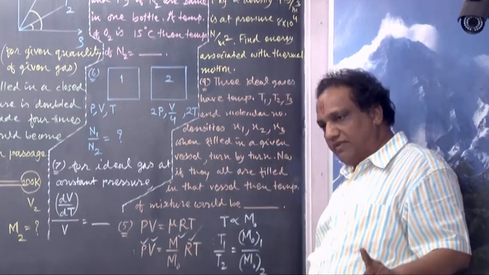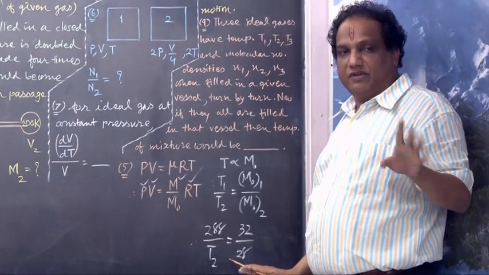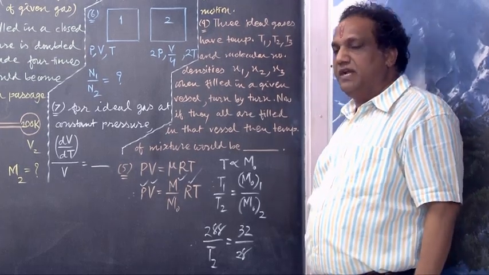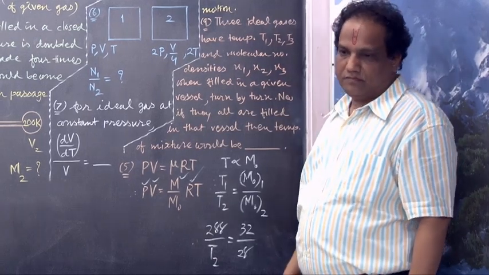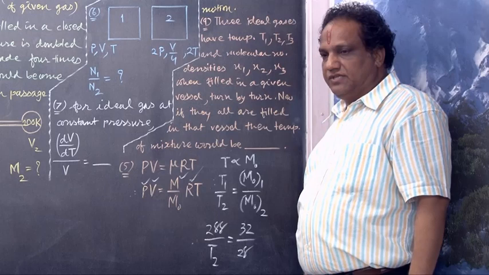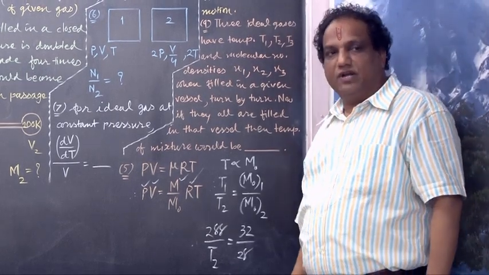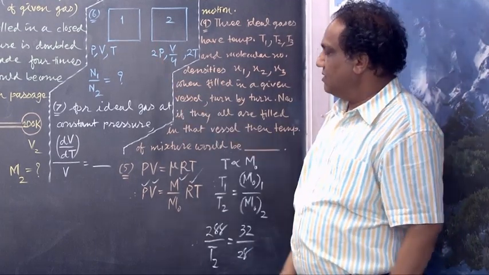First of all you get it in Kelvin. Then subtract 273. Minus 21 degrees centigrade. Perfect. In Kelvin how much it is? 252 Kelvin. Correct? Fine. Say number 6 now.